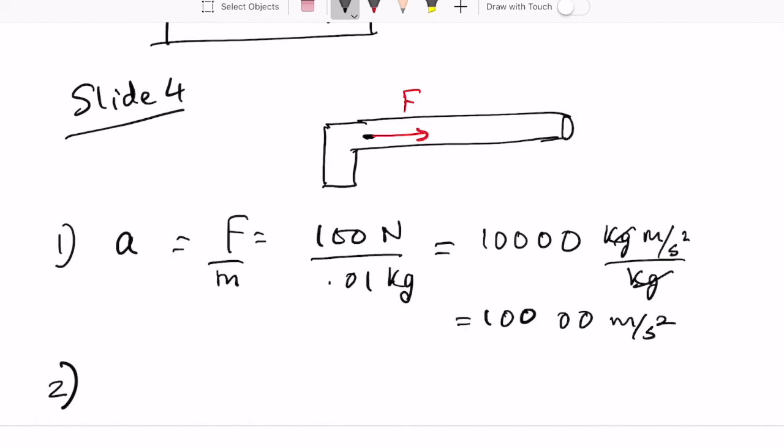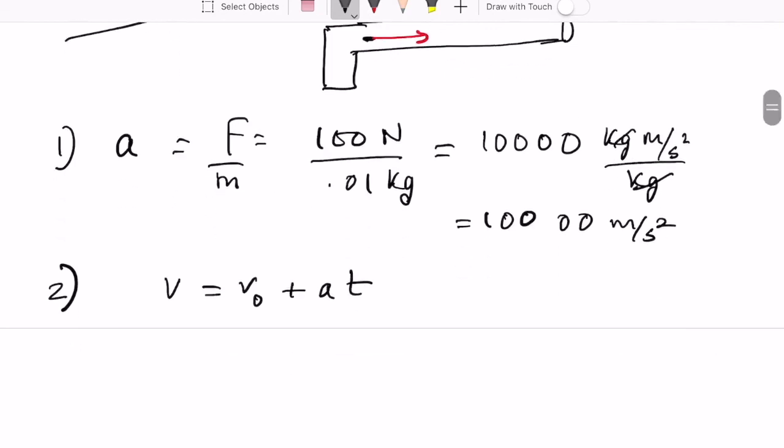using kinematics. You know the initial velocity of the bullet, which was 0. You know the acceleration, you know the time. So you can use this equation: v final equals v initial plus acceleration multiplied by time. v final is what we are looking for. v initial is 0, acceleration is 10,000 multiplied by the time, which is 0.5 seconds.